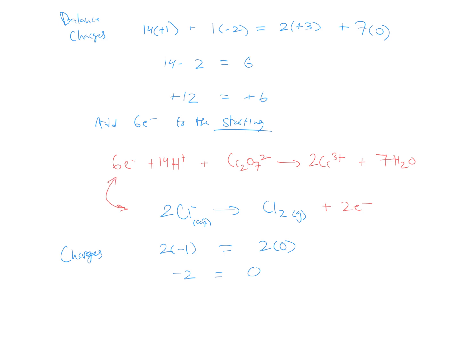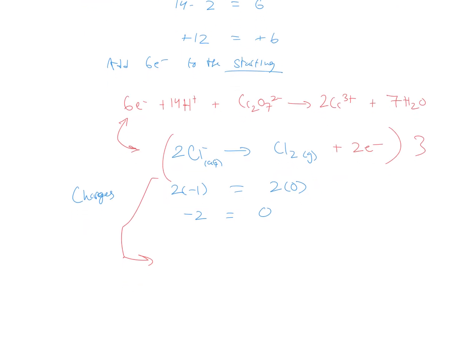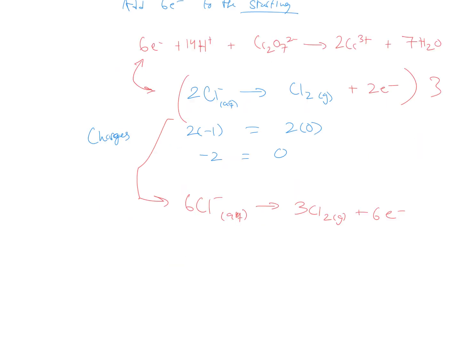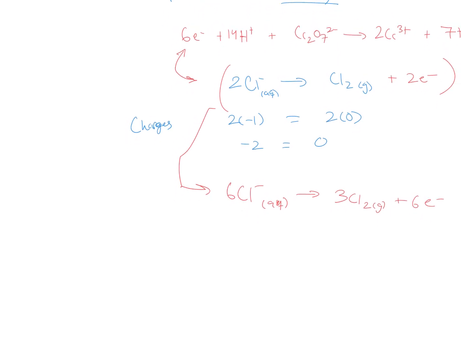In order to do that, what I should do is multiply this entire oxidation reaction by 3 to have the same number of electrons. If I go ahead and do that down here, I will get 6Cl- reacts to form 3Cl2 gas plus 6 electrons. Finally, I have my two half reactions and my electrons are balanced, so I can add them together while canceling out the electrons.